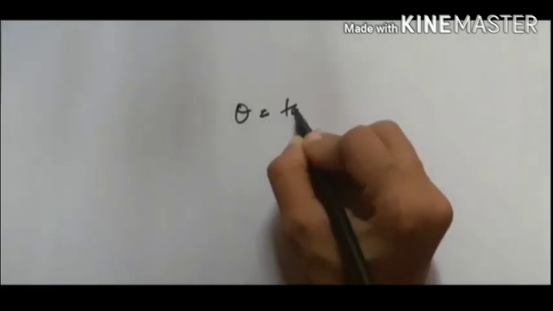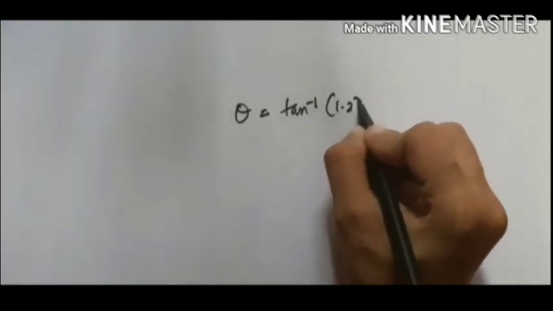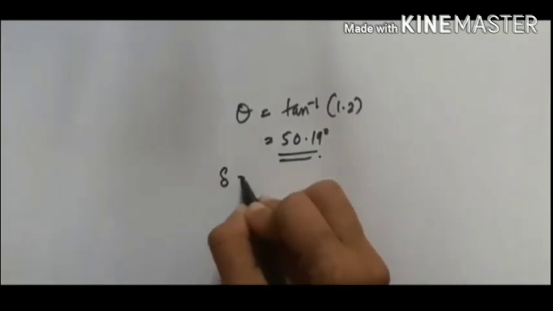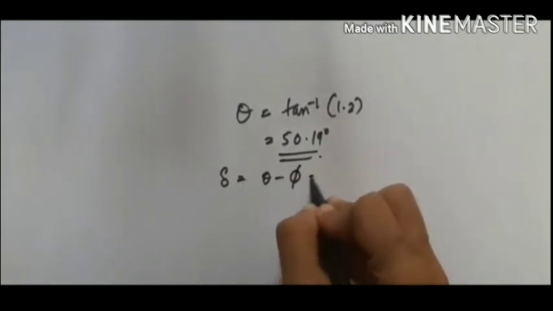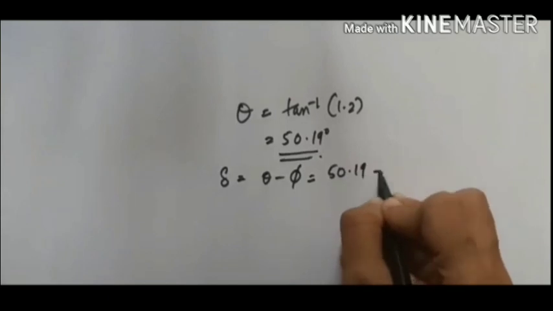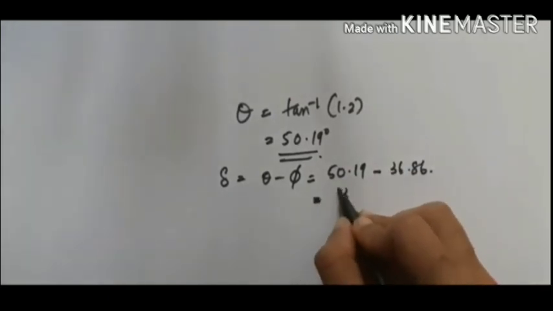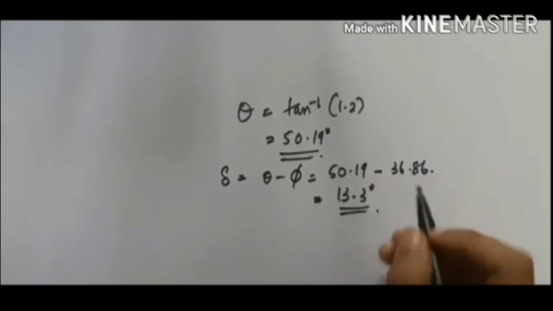So theta is equal to tan inverse of 1.2, which is found to be 50.19 degree. From this again we get the angle delta. Delta is equal to theta minus phi, which is equal to 50.19 minus 36.86, that is equal to 13.3 degree.